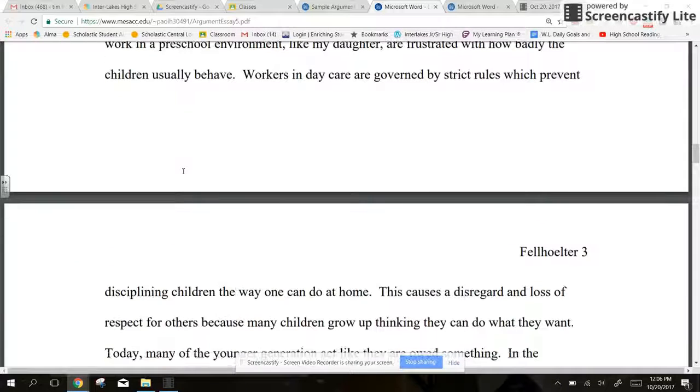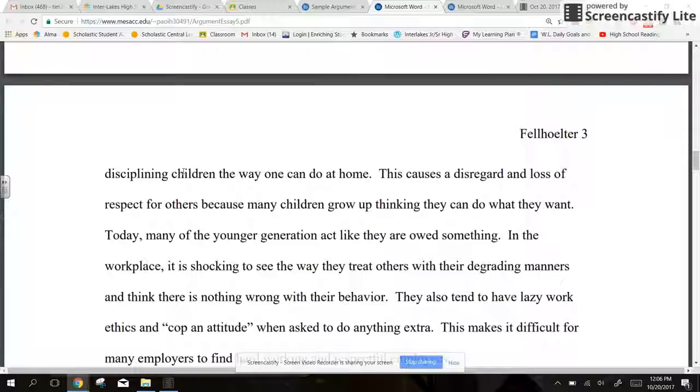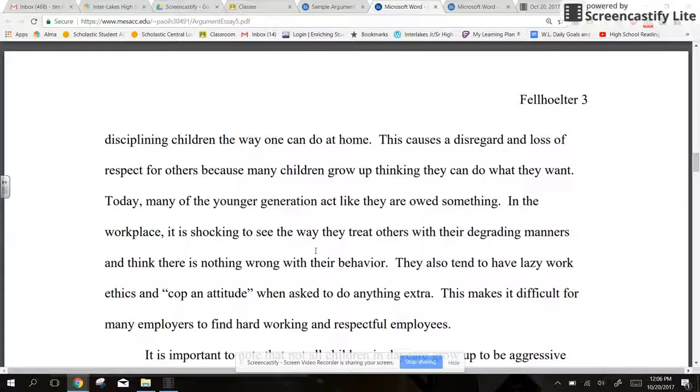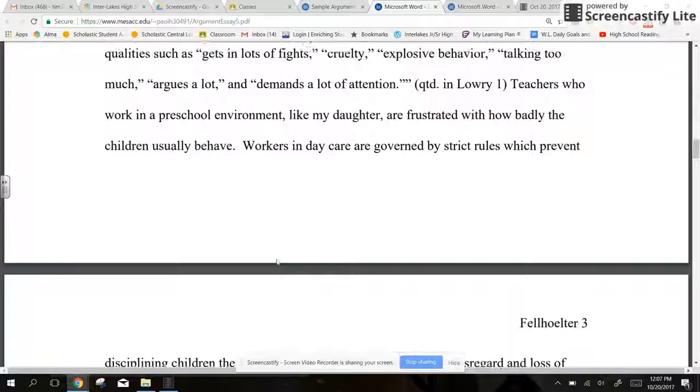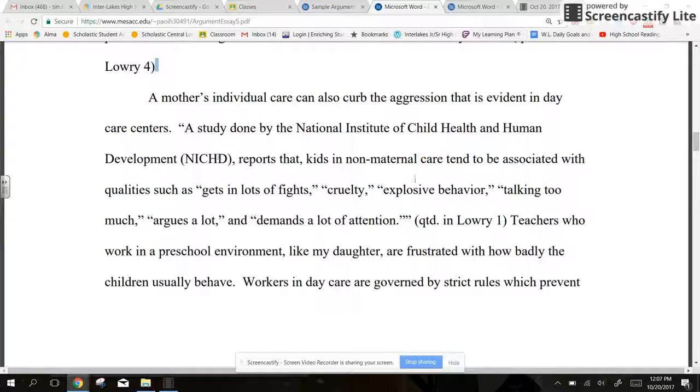Where they come off the rails a little bit is then making this leap to workforce behavior, and that's an argument for a little bit further down the road. I think they probably stretch themselves a little bit too far, but when it comes to folding in a source that gets a reaction out of me, I think this is their strongest.